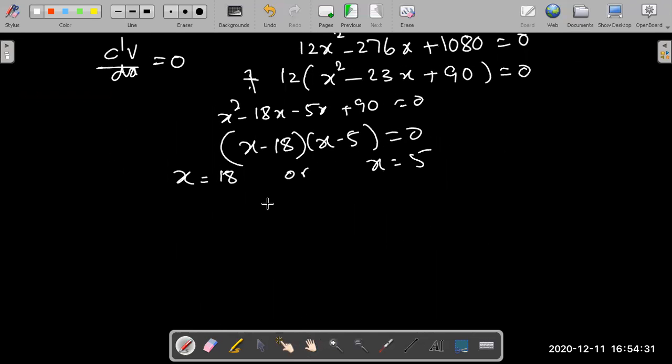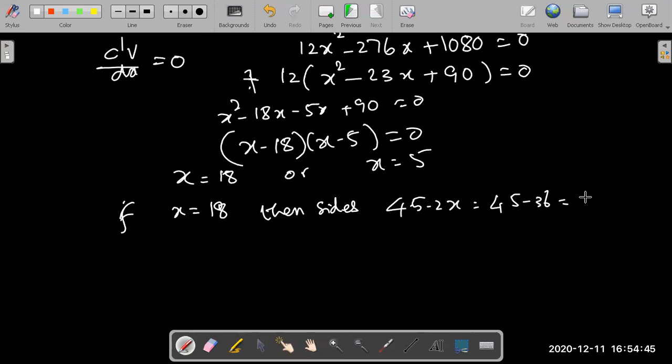So if x equal to 18, then the sides would be 45 minus 2x, which is 45 minus 36, which is equal to 9. Then 24 minus 2x is 24 minus 36, which is negative, so not positive.